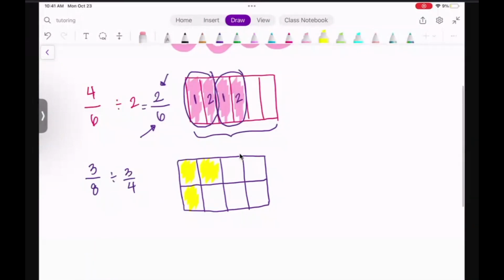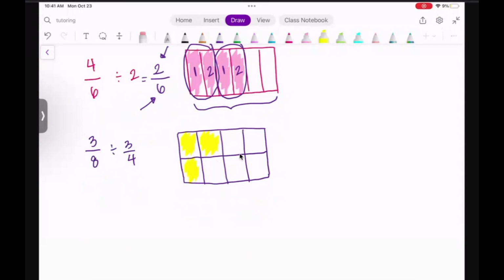So here, you're saying, if I had 3/8 of a brownie pan left, and I want to divide it into groups of 3/4, meaning maybe you're going to give 3/4 of a brownie pan to your neighbor, how much of that do you actually have?